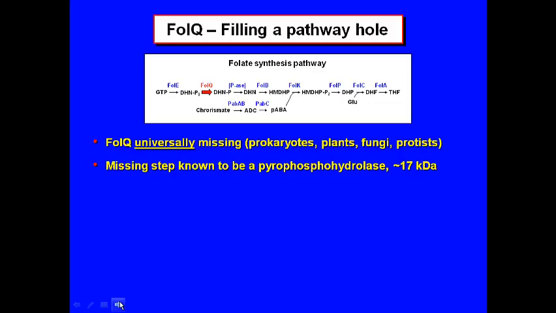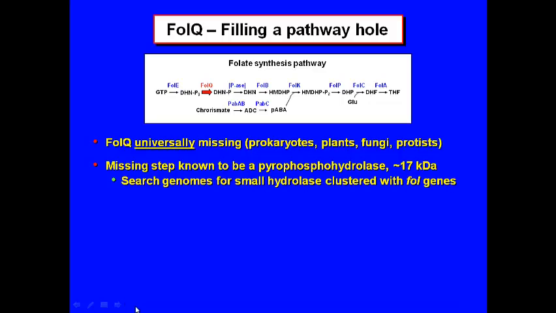coli. So all it was necessary to do was to search genomes for genes encoding a small hydrolase, preferably a pyrophosphohydrolase type hydrolase, that clustered with other fol genes, in other words, known genes of folate synthesis. Because we're using the argument: genes are clustered, we're missing a gene, the gene that's missing will be clustered with other folate synthesis genes.